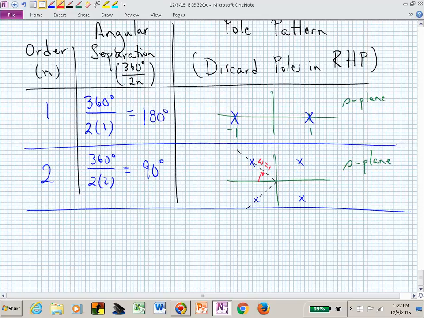Pointing at my screen like you can see that. Everybody saw my finger on the screen, right? So this must be 45 degrees, and this is 45 degrees, so that the total distance between those is 90. Does everybody see where that's coming from? And you can calculate those pole locations. They're at minus 1 over the square root of 2 plus and minus j, 1 over the square root of 2.